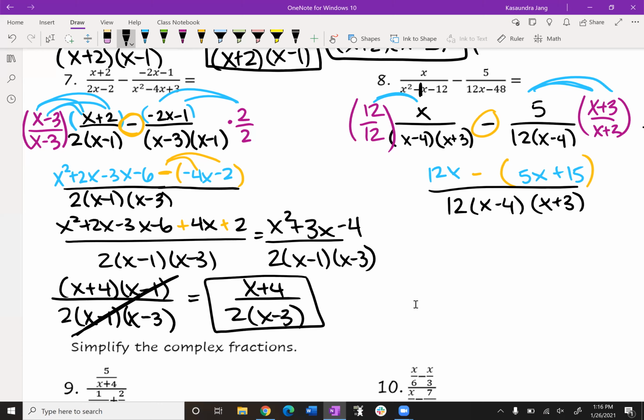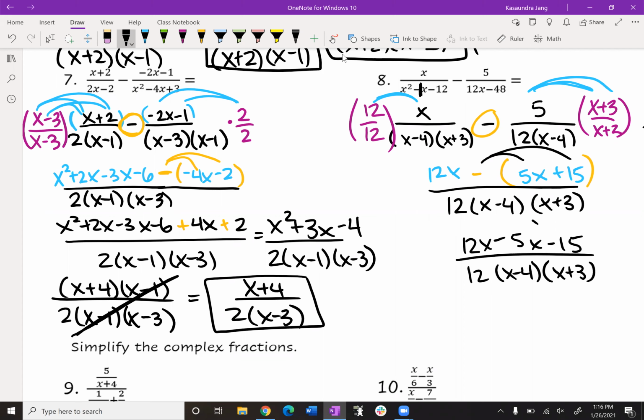Okay, cool. So now I'm going to distribute my negative. So I got a negative 5x, a minus 15. Okay. I got my 12x here. Denominator still hasn't changed.